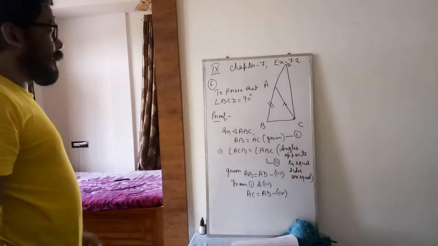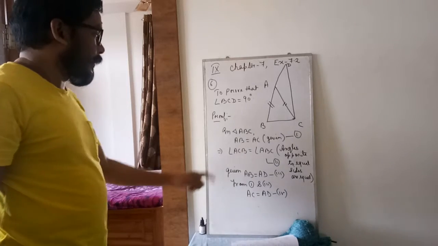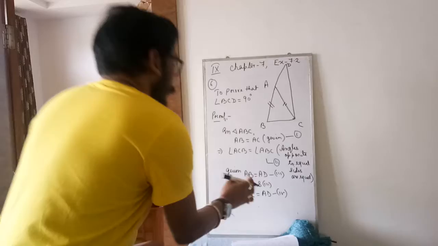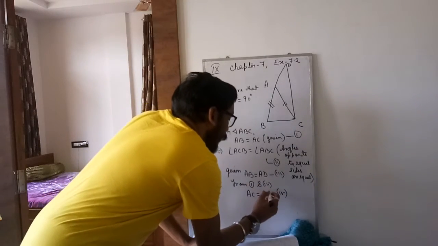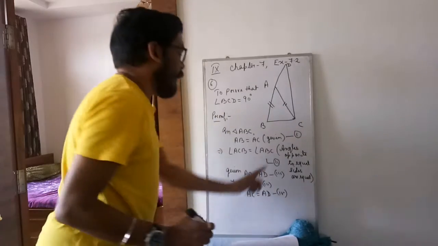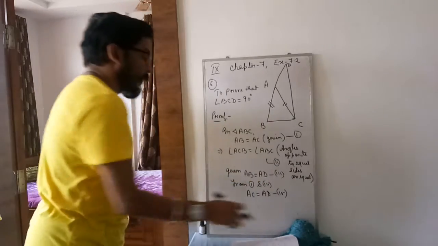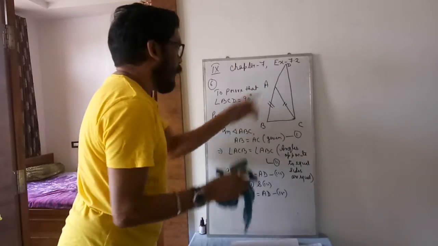Take the screenshot of this because I will rub the upper part. Okay, take the screenshot. Okay, AC equal to AD, and here I have written angles opposite to equal sides are equal. Now AC equal to AD.